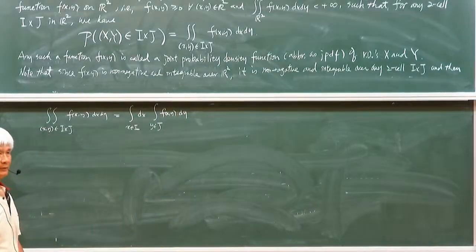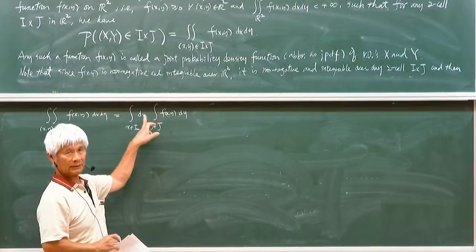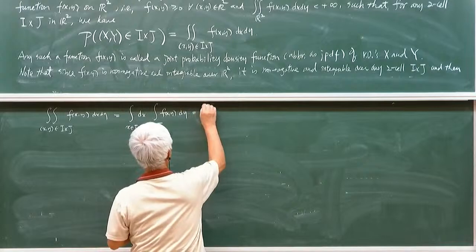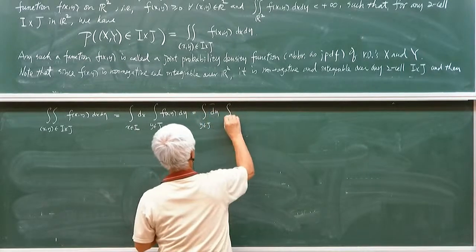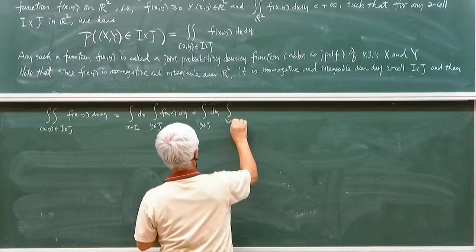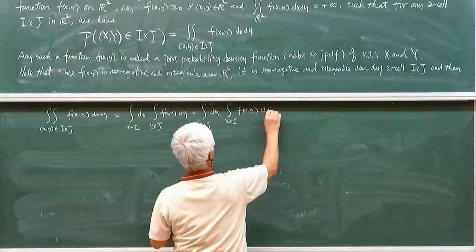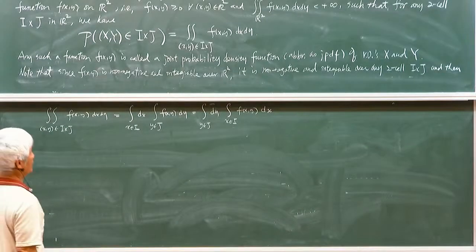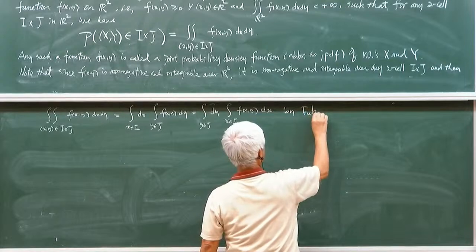So you can evaluate the integral first over y and then over x, or the other way around, by the Probability theorem.